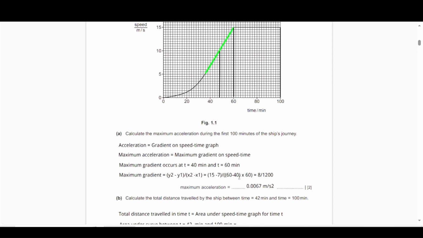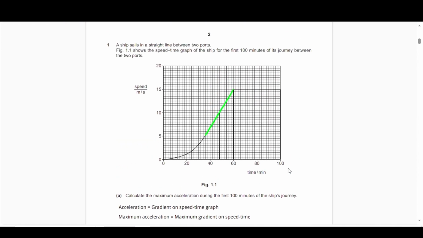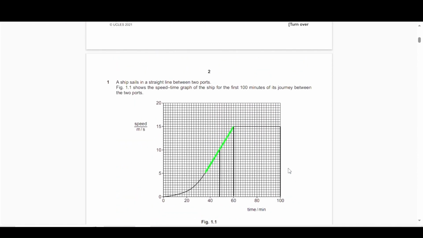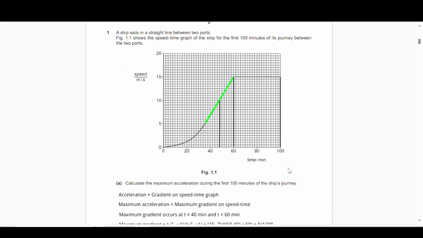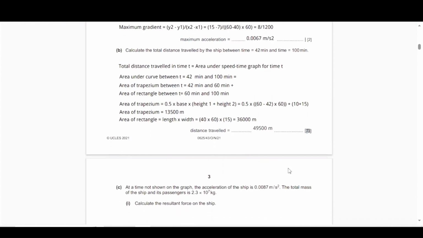So I've got 60 minus 40, a gap of 20 minutes, and I've converted that 20-minute gap into seconds, so multiplied it by 60. That gives me a maximum gradient of 8 over 1200, which is 0.0067 meters per second squared, also around 0.007 meters per second squared. That's the maximum gradient, and that's also the maximum acceleration for the ship between these two ports.